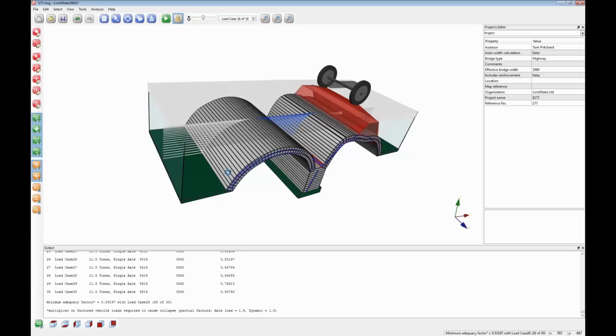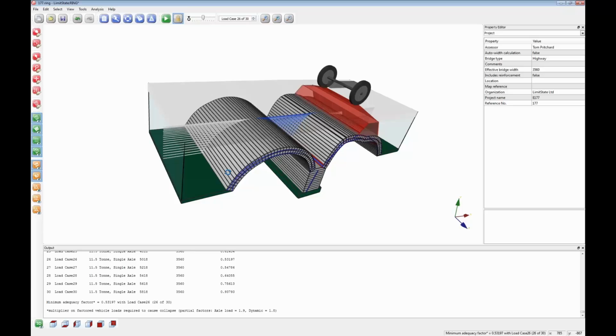Have your test methods included dynamic loading? Can you comment on the effect of dynamic factor of 1.8 used in masonry arch bridges? So actually in the last few years we've undertaken a large number of cyclic load tests on the arch in the fish tank that I showed at the University of Salford. Dynamic factor of 1.8 I think is questionable.